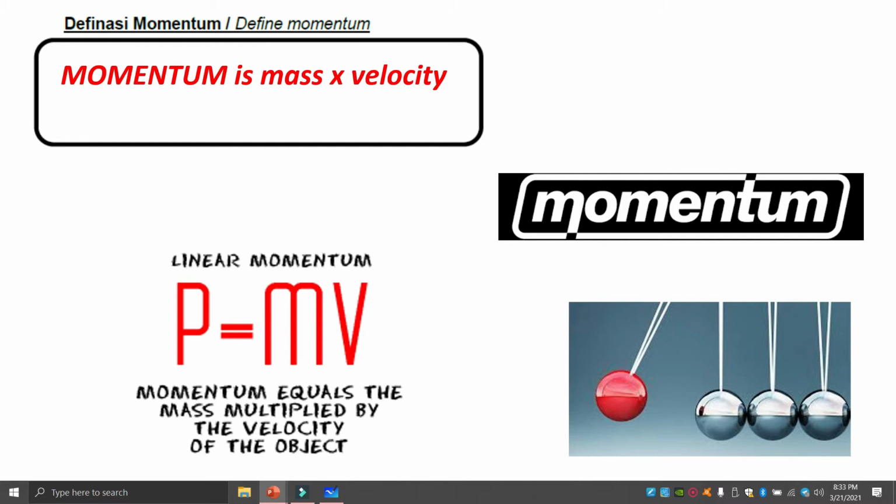So in the exam, if they ask you about the meaning of momentum, remember they will ask you the meaning of the physical quantity. So you have to remember all the physical quantities in physics. Before this we already learned about displacement, velocity, speed, and also inertia, and the first Newton law, which is actually inertia.